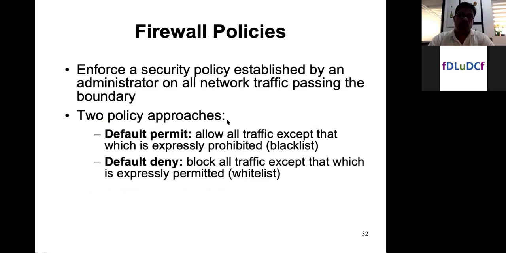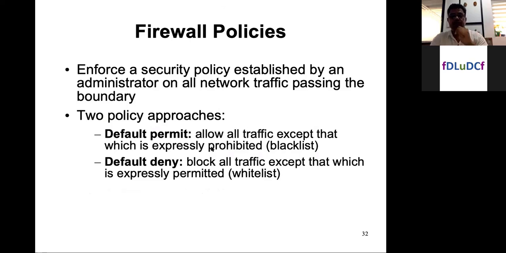When you consider firewall rules, theoretically there are two approaches. The first approach is called the default permit approach, and the second approach is called the default deny approach.